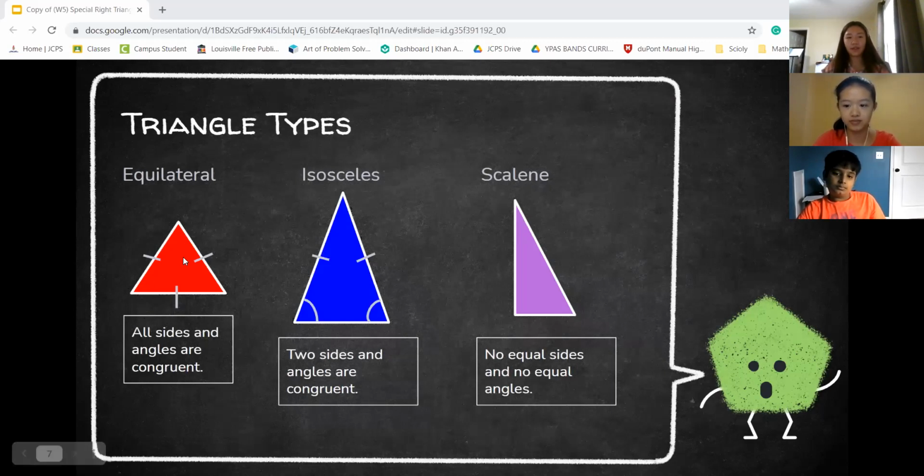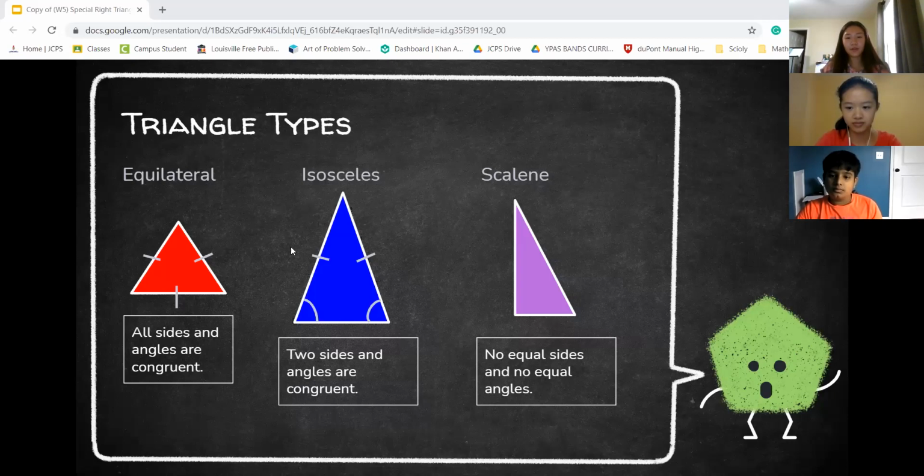It's basically equal. So if all of the angles are equal, how many degrees do you think each angle is in this triangle? Yeah, it's 60, because we just said that it adds up to 180. So if I divide by 3, I get 60.